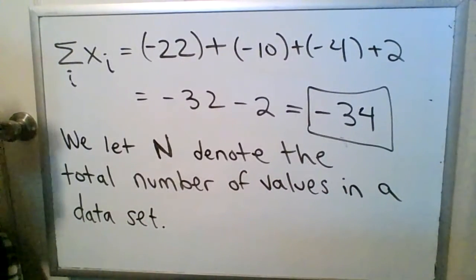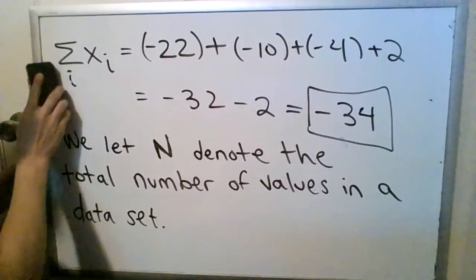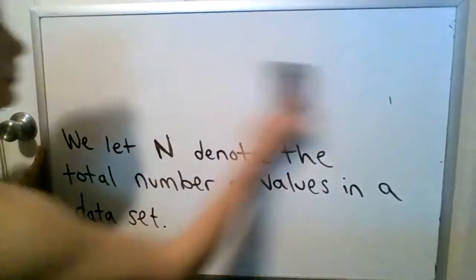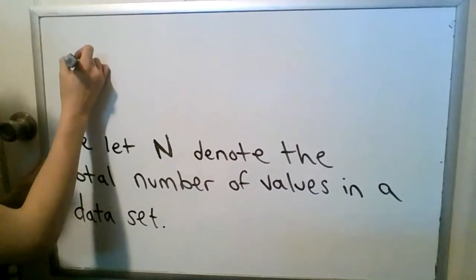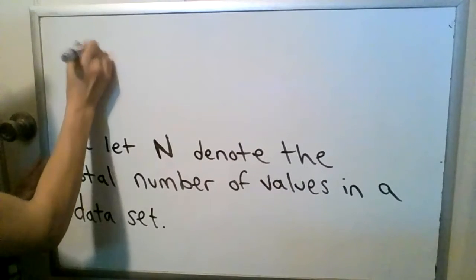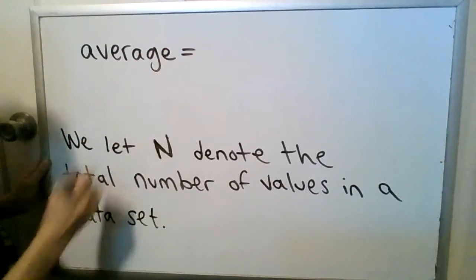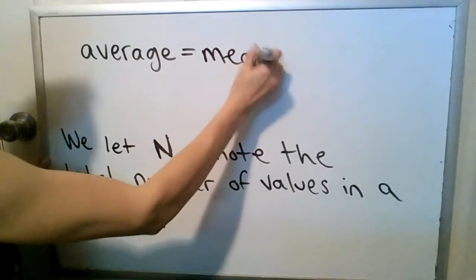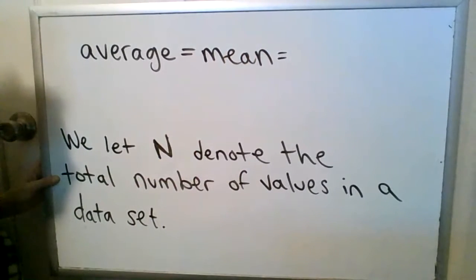And now we want to define the average of a set. So the average is a measure of center, and the average is also called the mean. And what you do is add all of the values together and then divide by the total number of values.